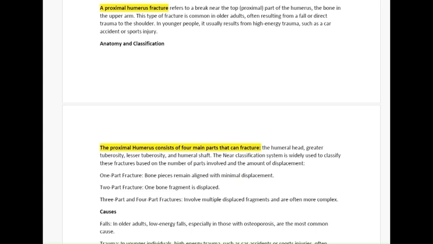One part fracture: bone pieces remain aligned with minimal displacement. In two-part fracture, one bone fragment is displaced. Three-part or four-part fractures involve multiple displaced fragments and are often more complex.